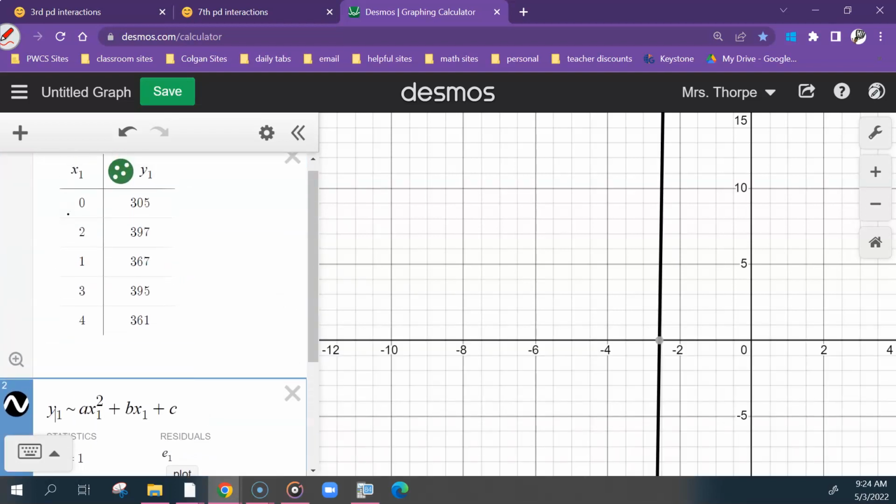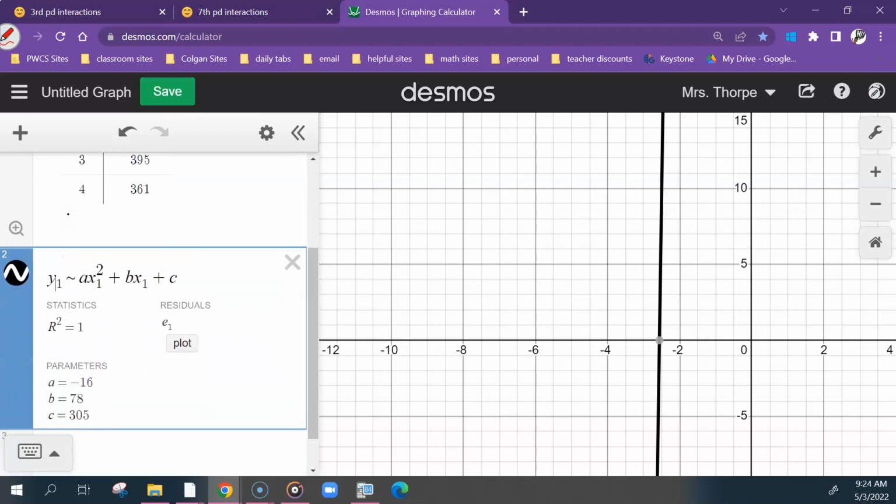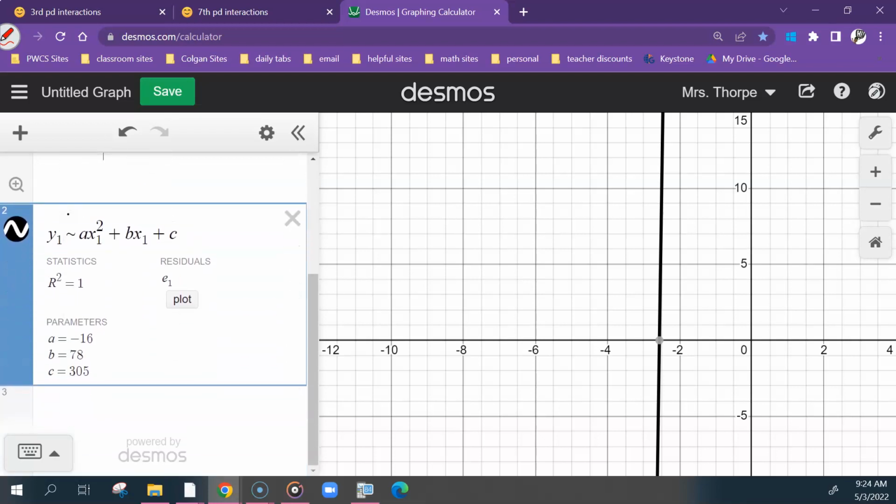Okay. So I just used the same table. That way I didn't have to retype my equation. It gave me the same numbers.